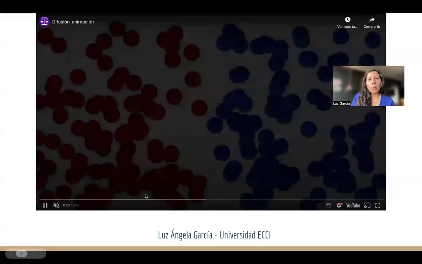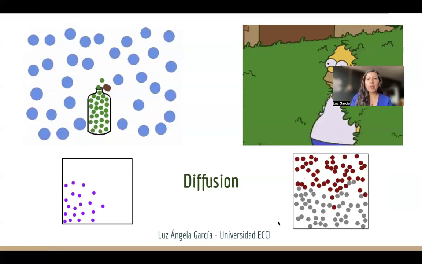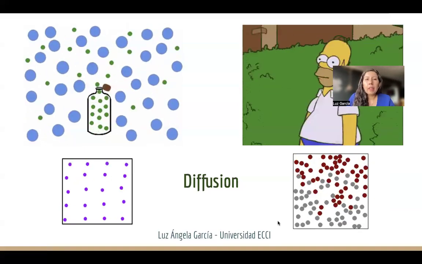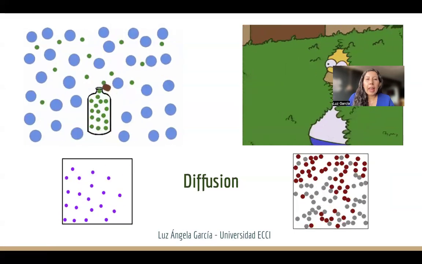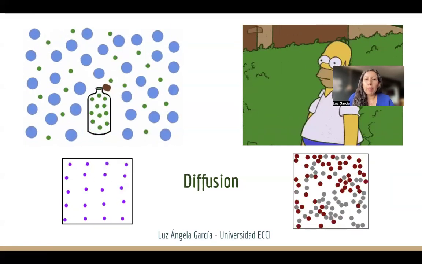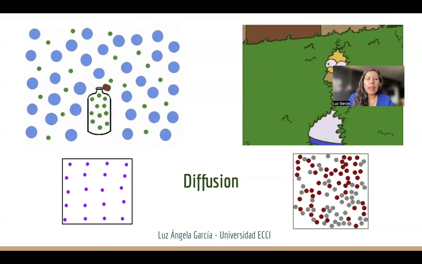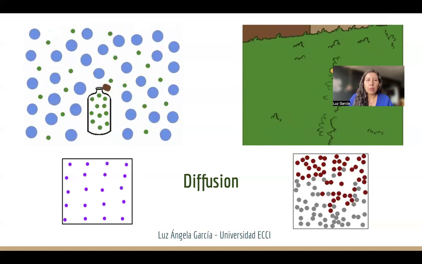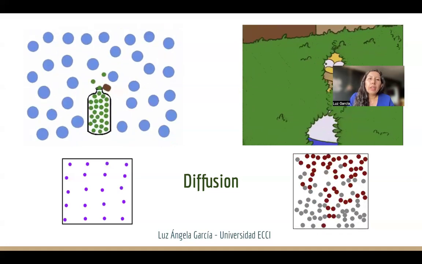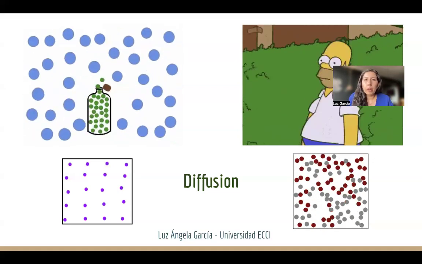But we can also study different diffusion processes in chemistry and physics. For instance, when a perfume is released from the bottle, the particles that compose this liquid start to spread out and interact with the particles in the air.